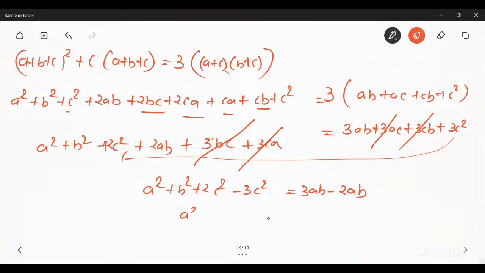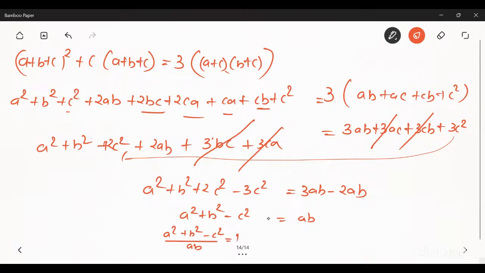So it is a square plus b square minus c square is equal to 3ab minus 2ab, which is ab, so a square plus b square minus c square upon ab is equal to 1.